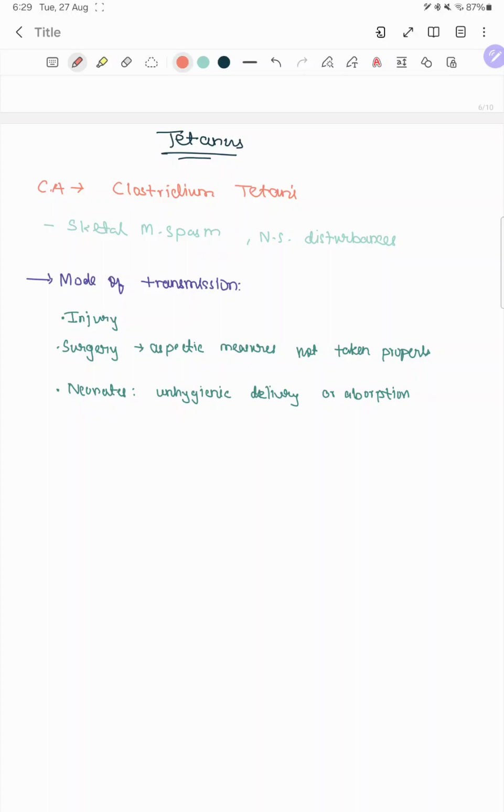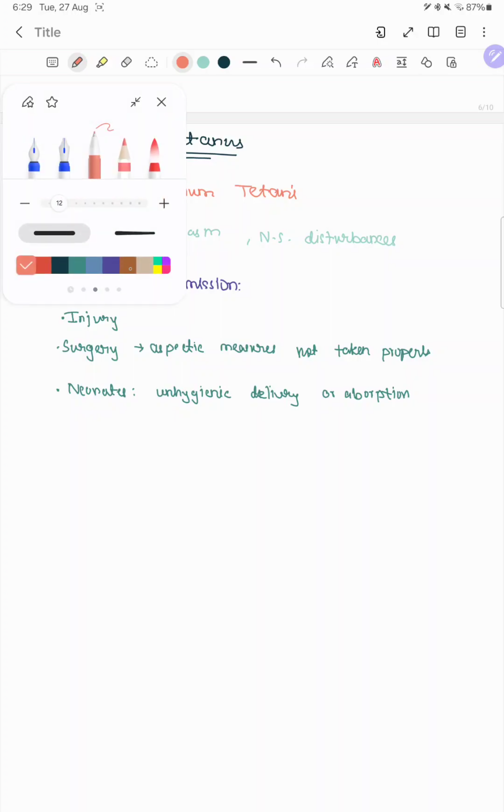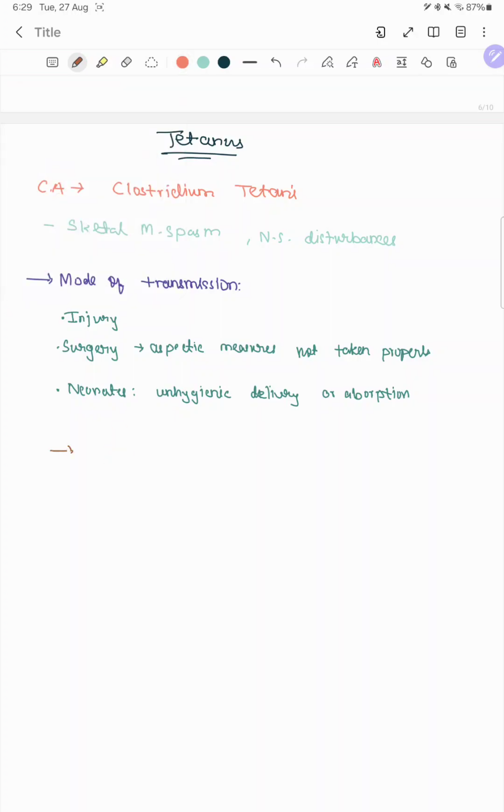Now, what are the clinical manifestations which you will see? The first symptom is going to be lockjaw.